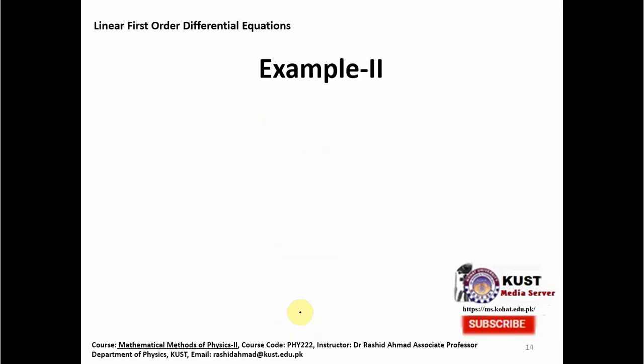So now it's time for example number 2, where we will be considering a physical situation, and we'll model this with the linear first order differential equation, and then we'll solve it. We'll see how easily it is solved when we model it with this type of equation.